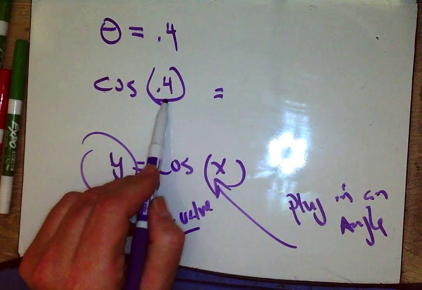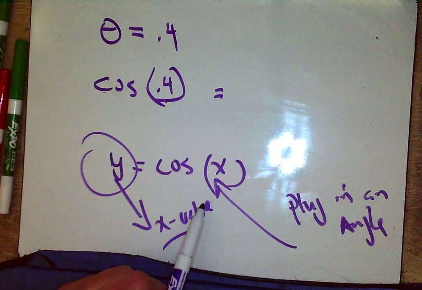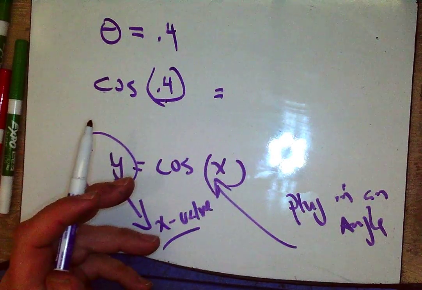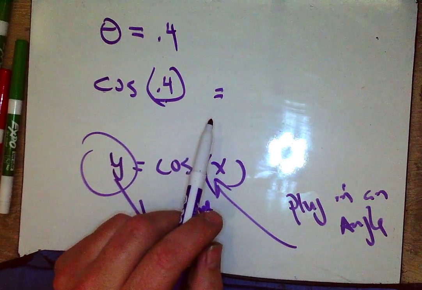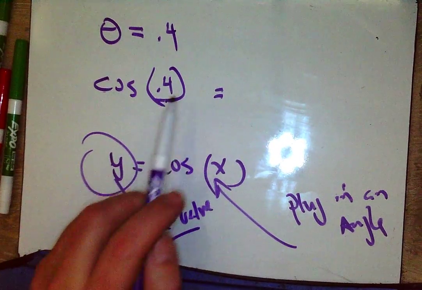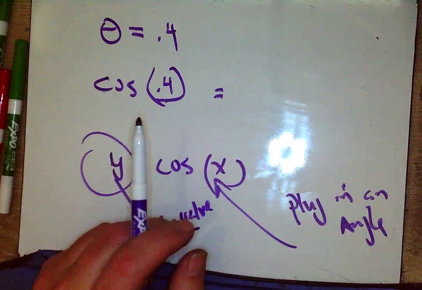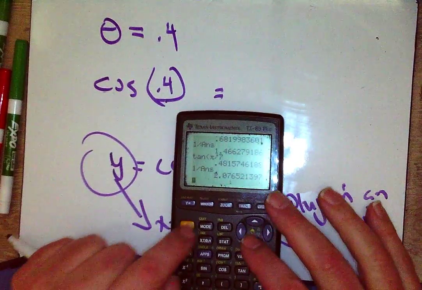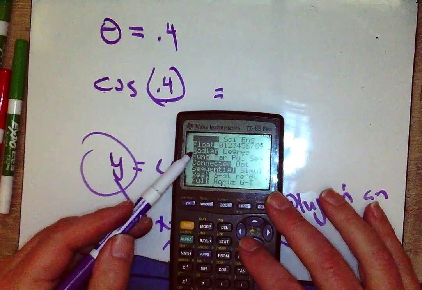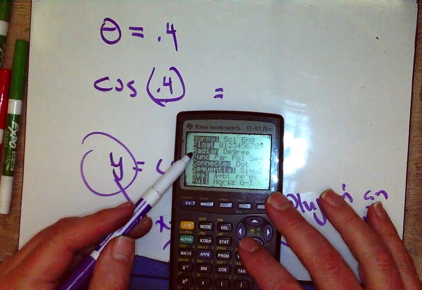So that's the angle of 0.4. Do you see a degree symbol there? No. Which means this is the cosine of 0.4 radians. So when you look this up on your calculator, go to the mode and make sure you're in radians first.